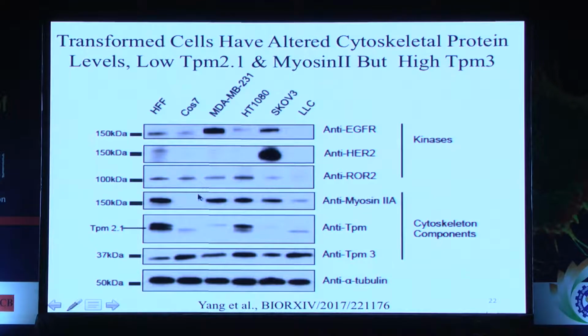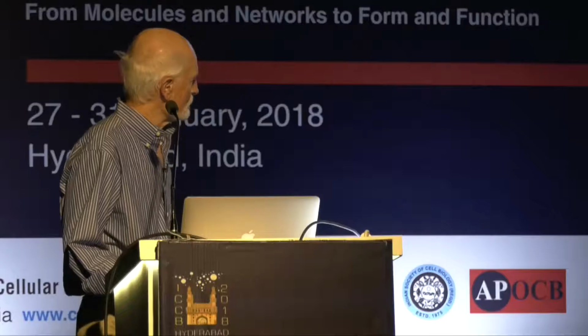COS7 were missing myosin 2A. MDA-MB-231s were missing tropomyosin 2.1, this lower band, and so were SKOV3s. And the HT1080s had 2.1, but had a very high concentration of tropomyosin 3, whose overexpression Gunning's lab had correlated with a variety of cancers.